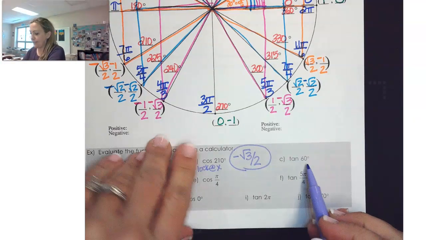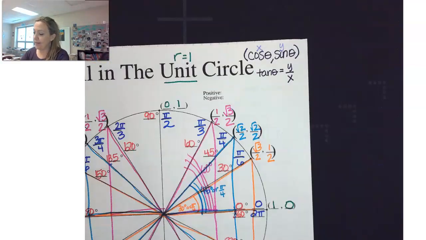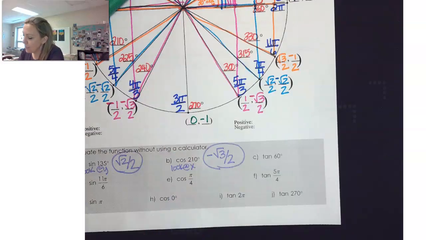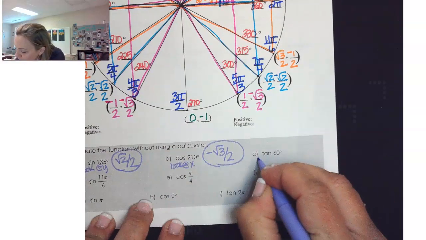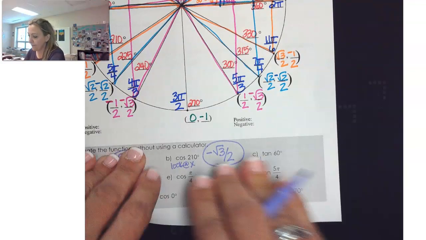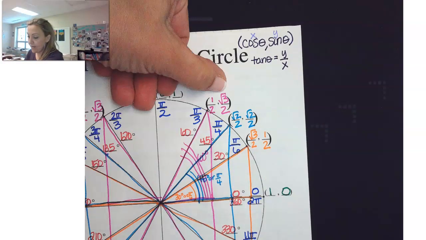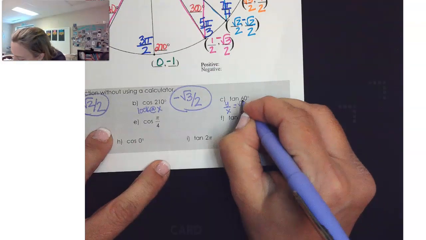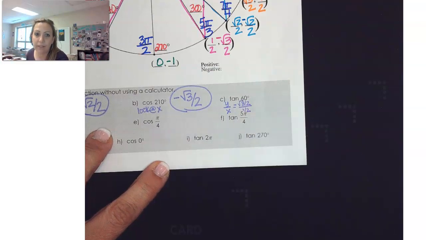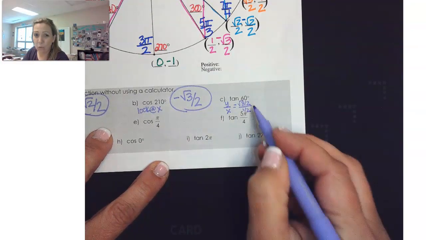Tangent of 60 degrees. Okay, that's kind of a pain because for tangent we have to take y over x. So we go to 60 and take y over x. So we take root 3 over 2 over 1 over 2. Do you see that they both have over 2s?